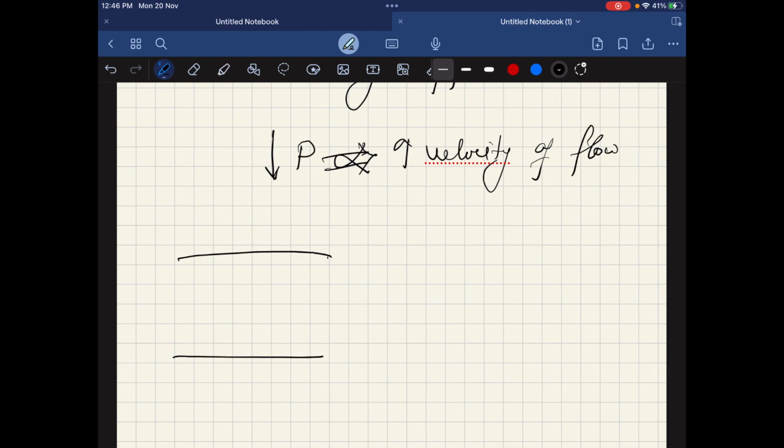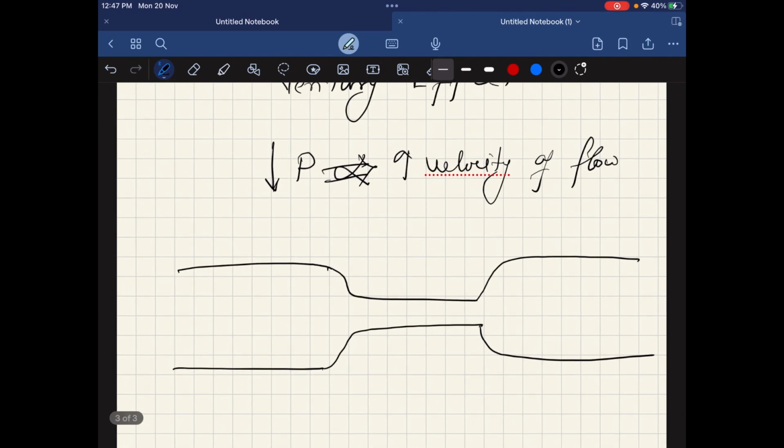It can be denoted by this diagram. If the fluid is forced to flow through a narrower tube, it will lead to an increase in the velocity of the fluid at that place, and that will ultimately lead to a decrease in the pressure at the site.